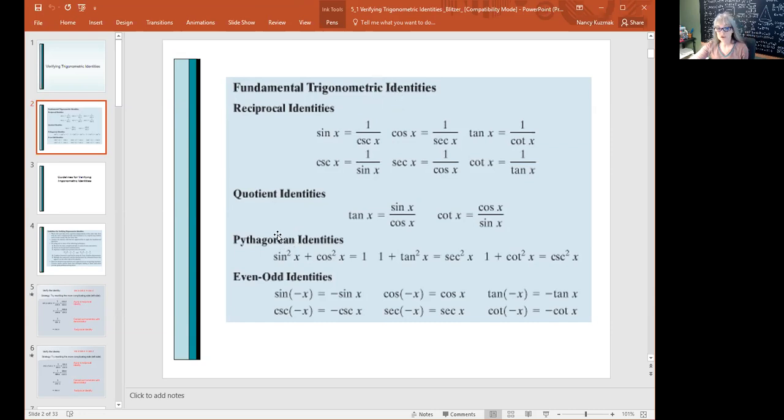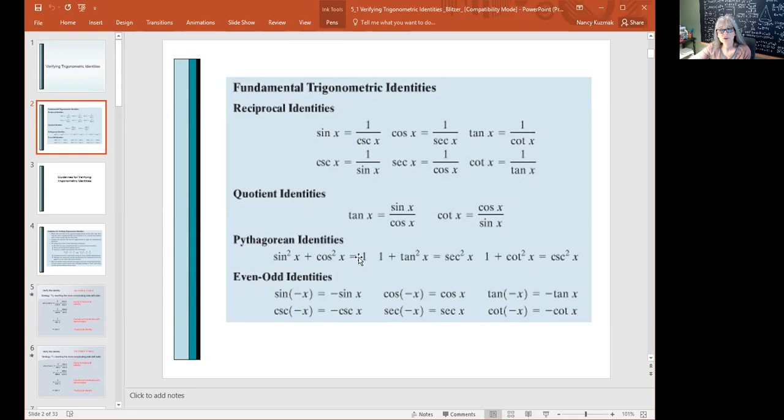The other ones that are probably going to be the most important here are the Pythagorean identities and the even-odd identities. So let's first take a look at the Pythagorean identities. The Pythagorean identity simply says that sine squared plus cosine squared equals 1.